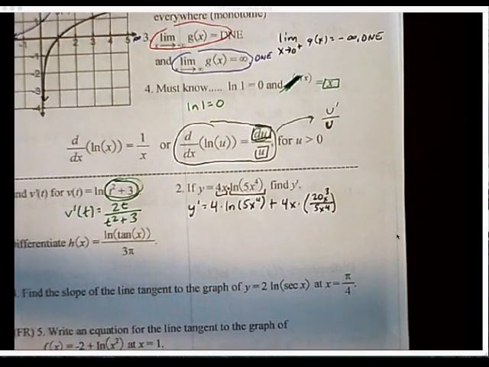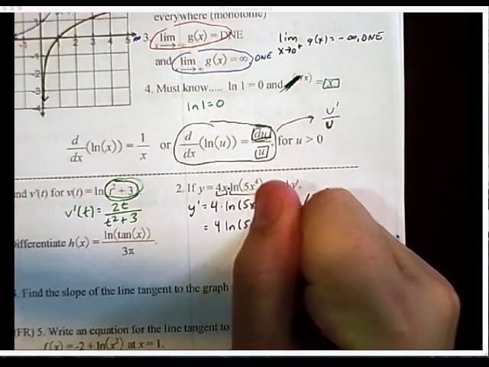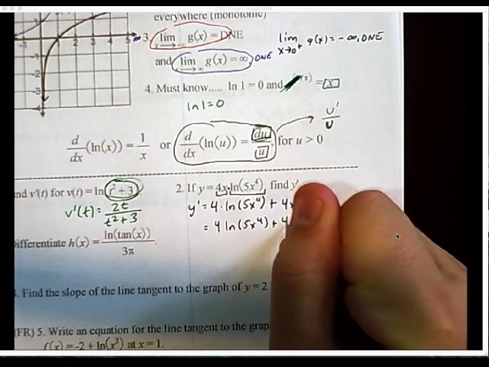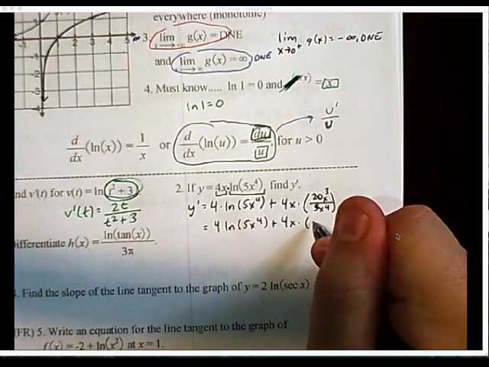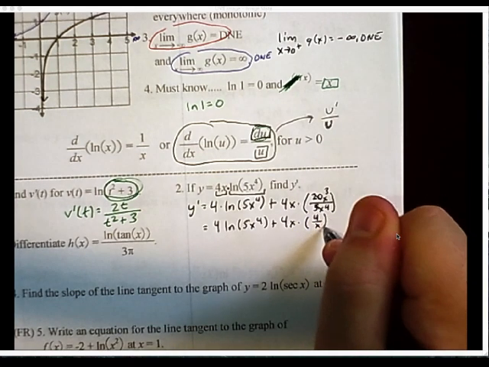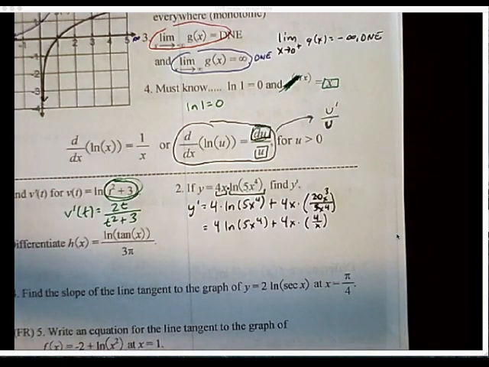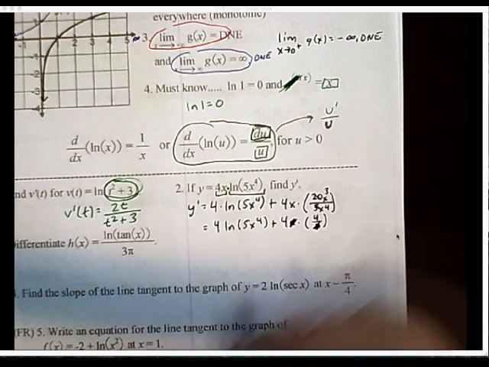Okay. We can simplify it a little bit. 4 ln of 5x to the 4th plus 4x times 20 over 5, simplify to give me 4. X cubed over x to the 4th, there's an x left in the denominator. This x, which is really in the numerator, cancels that x.